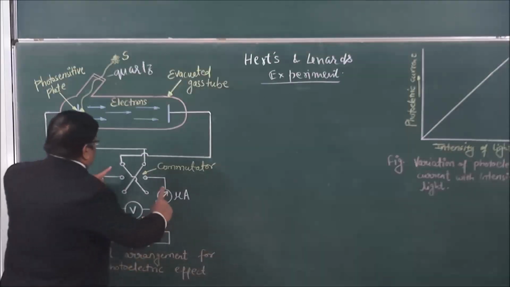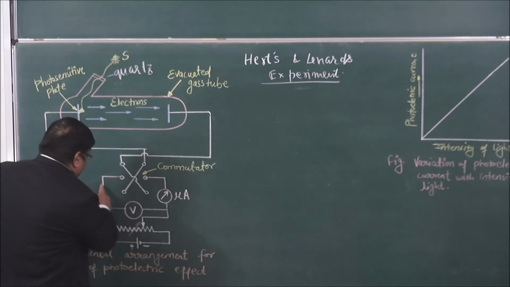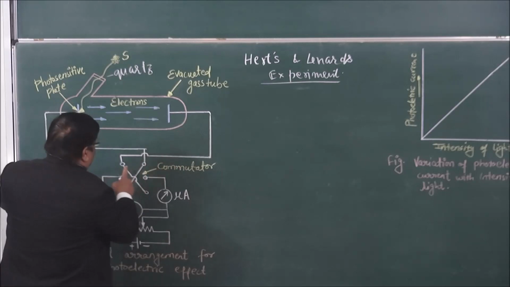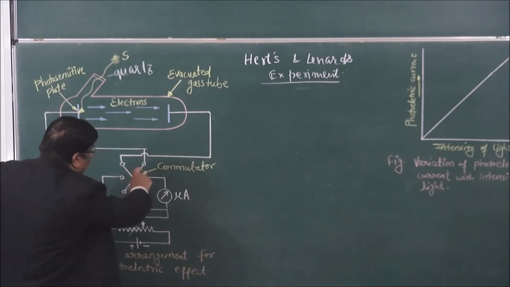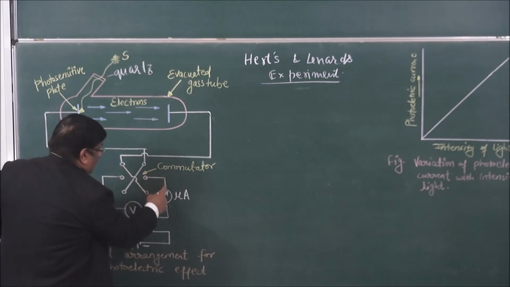In a commutator, when these two are connected with these two, then this will be positive. But if we turn it, then this is connected with this and this is connected with this, so this is now negative.